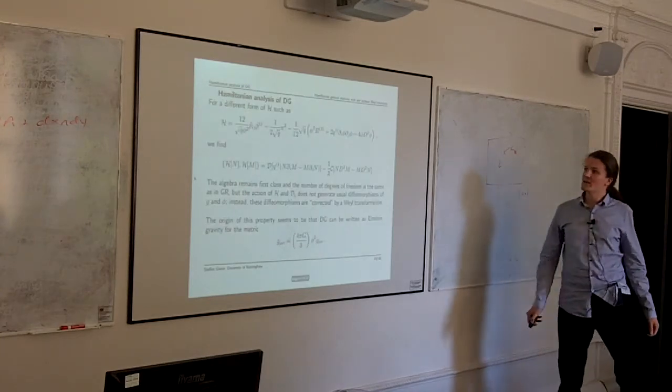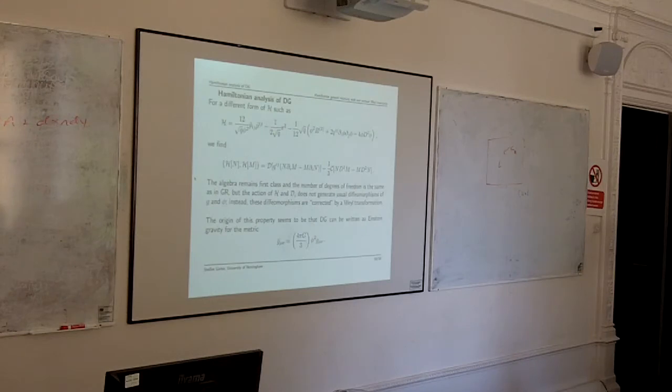So the point seems to be, if I take this form of the Hamiltonian that we had originally, the Poisson bracket of two of these constraints always gives you this additional Weyl transformation. So I mean, you're still fine, you still have a first-class algebra, you're not generating any funny additional constraints, the number of degrees of freedom is the same as in GR.